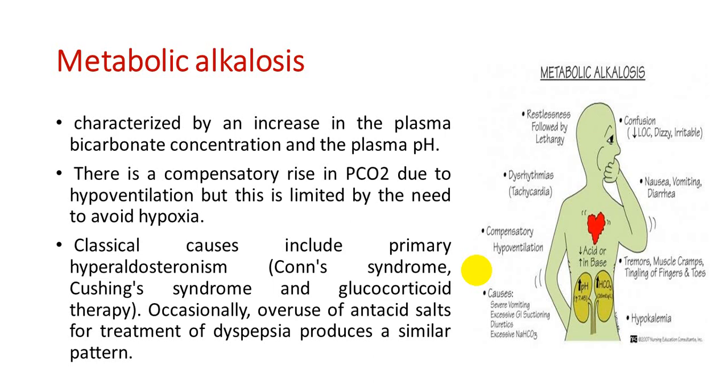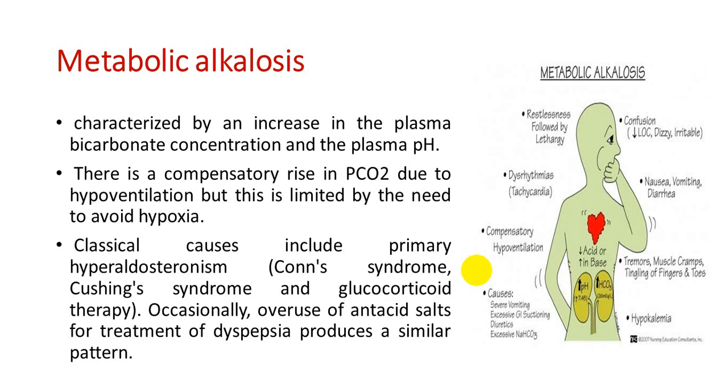Classical causes include primary hyperaldosteronism, Conn syndrome, Cushing syndrome, and glucocorticoid therapy. Occasionally, the overuse of antacid salts for treatment of dyspepsia produces a similar pattern. It is restlessness followed by lethargy. Patients are very tired, and there is compensatory hypoventilation.